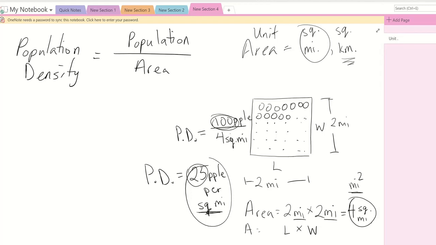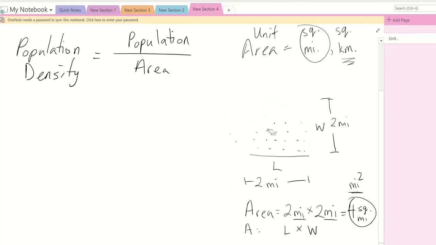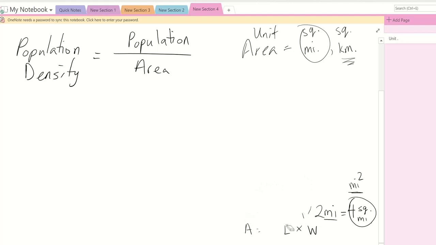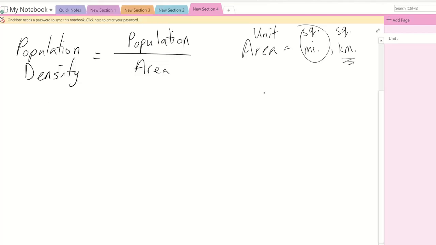All right. Now let's erase this. Now let's use another example. Let's say you have a piece of land that's not so symmetric, kind of like this shape, like a little boot.